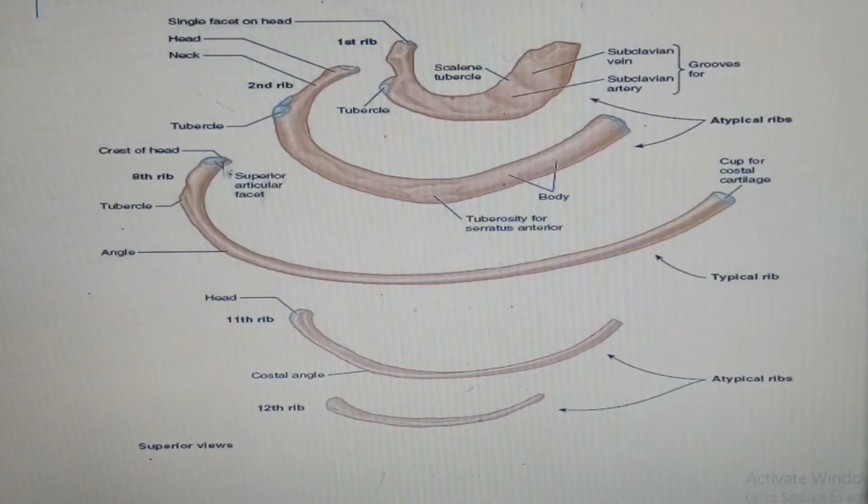So ribs number 10, 11 and 12 will bear a single facet on their head. Apart from that, rib number 11 and rib number 12 will not have a neck, and they also will not have tubercles. Okay, that's what we see.